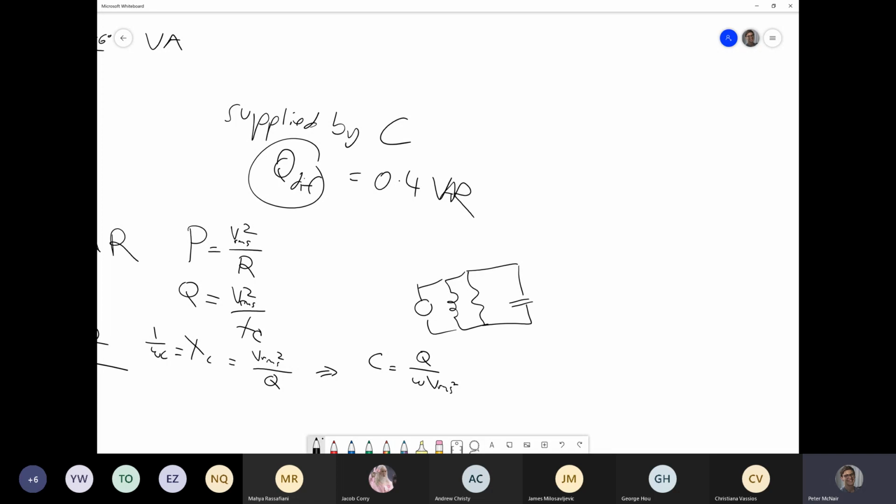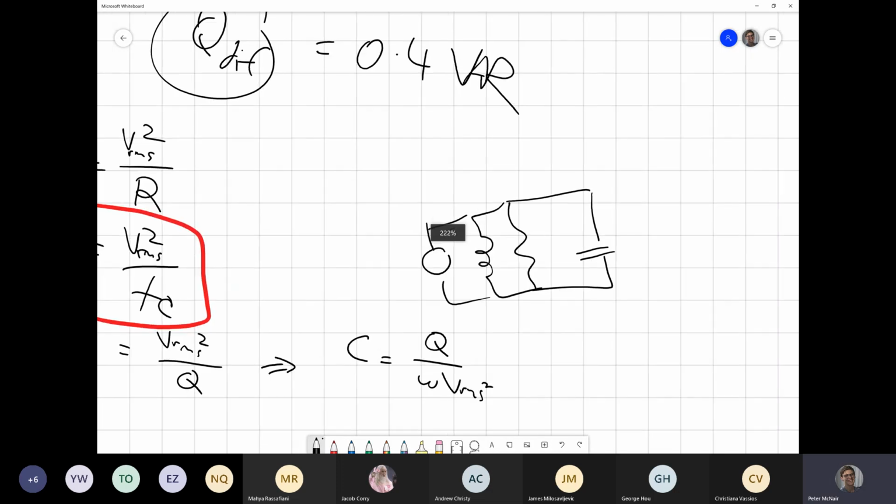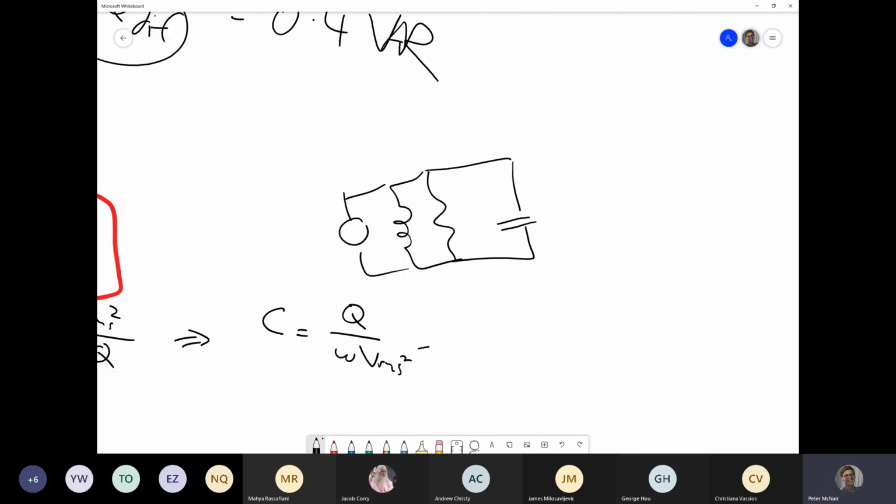So once we can get this reactive power, that's going to tell us everything we need to know just by this formula. And if you're confused about where this formula comes from, just think of it as very similar to the power one, but for a reactive component. And yeah, I guess we can plug in some values. So 0.4 on omega was, we said it was 100, right?